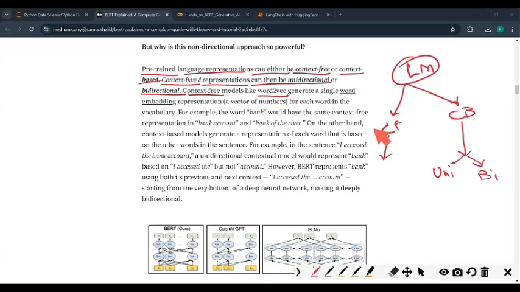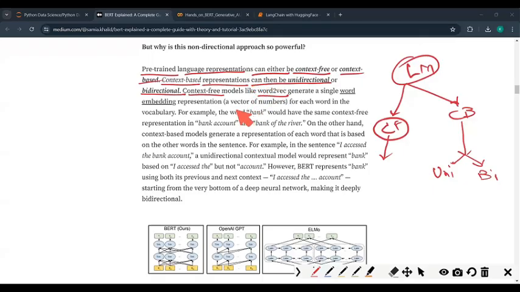Context-free means that if something has to be done on a particular word, such as an embedding of a single word, I don't care about what is the word before that and what is the word after that. Right? I take a word and then do the encoding of that in a certain way.